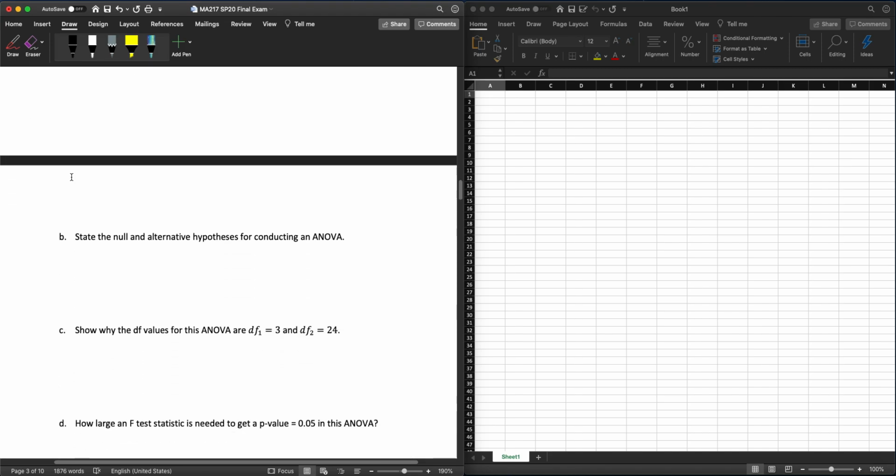We want to state the null and alternative hypotheses for conducting this particular ANOVA. So for this, we are going to have the null hypothesis of all the means being equal. We have 4 groupings, 4 hotels, so this would be mu sub 1 equals mu sub 2 equals mu sub 3 is equal to mu sub 4.